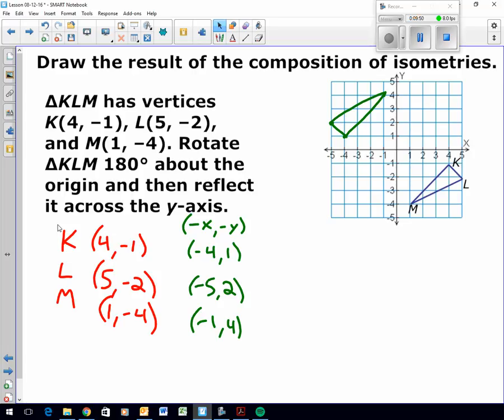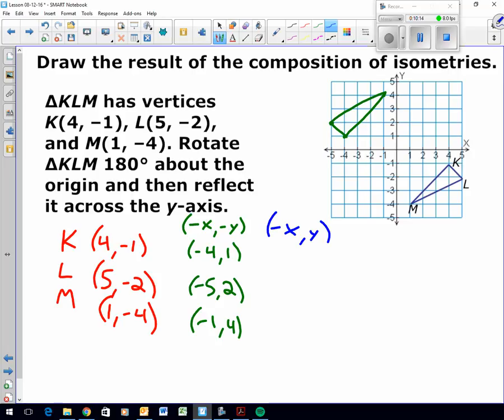First part of the problem, rotating 180 degrees. Second part of the problem, reflected across the y-axis. Whenever I reflect across the y-axis, my y values don't change, and I take the opposite of my x values.